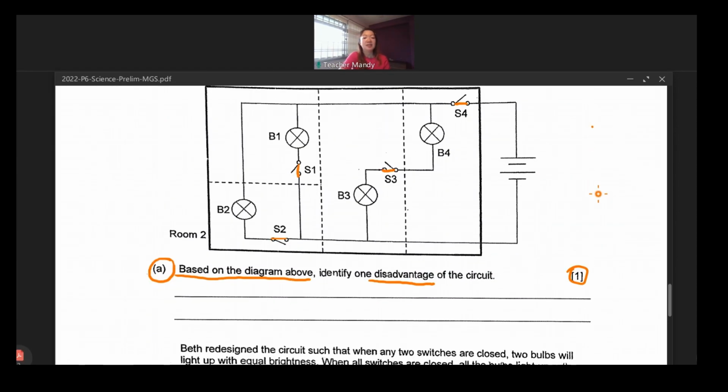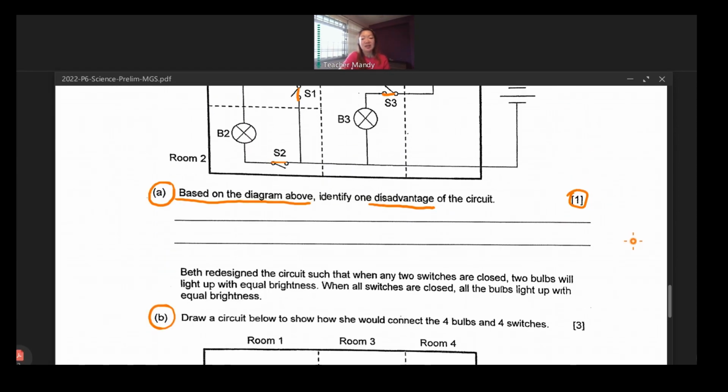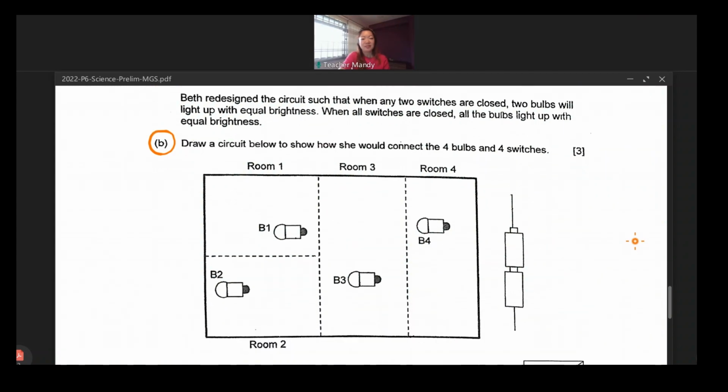Next is the very fun one. Now, in order not to be reliant on that one switch, she redesigned the circuit. So it's a redesign such that when any 2 switches are closed, 2 bulbs will light up with equal brightness. When all switches are closed, all the bulbs light up with equal brightness.